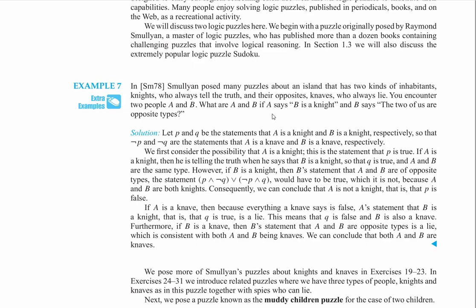So again, this is similar, so that tells us that A has to be a knave. If A is a knave, everything he says is false, so B being a knight is false, so B has to be a knave.